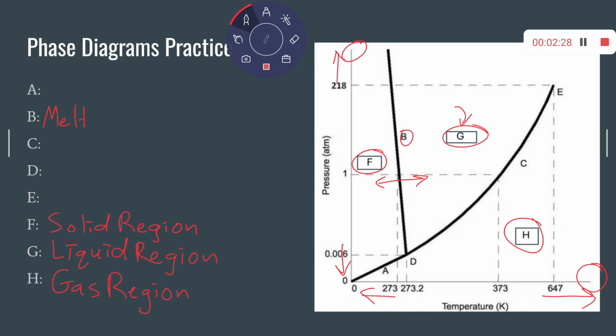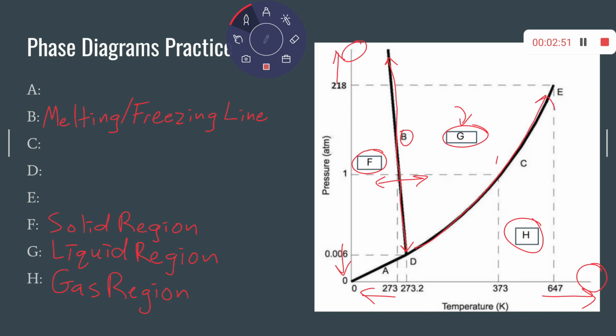So this is my melting, freezing line or boundary. And what that means is that at all of these temperature and pressure conditions, this substance will be transitioning between solid and liquid.